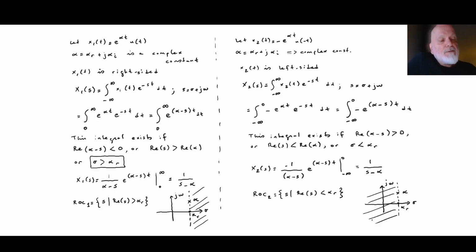Their Laplace transforms turn out to be the same in terms of a function of s, but the region of convergence, the subset of the S-plane over which the Laplace transform integral converges, is different. The regions of convergence for X1 of s and X2 of s are, of course, different.